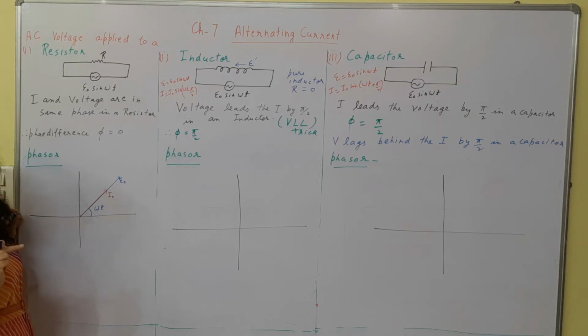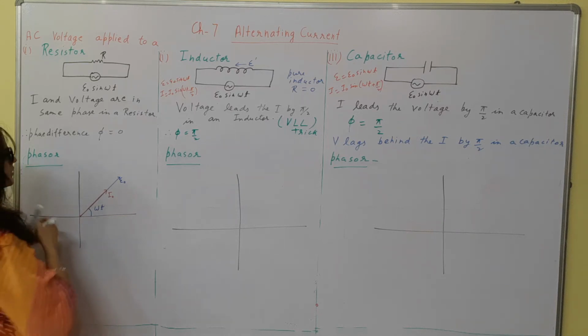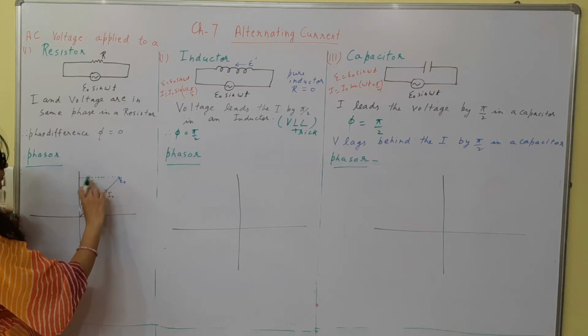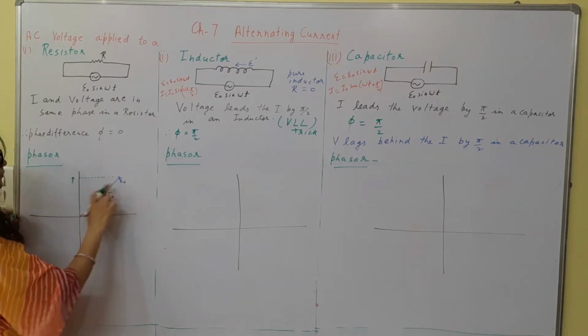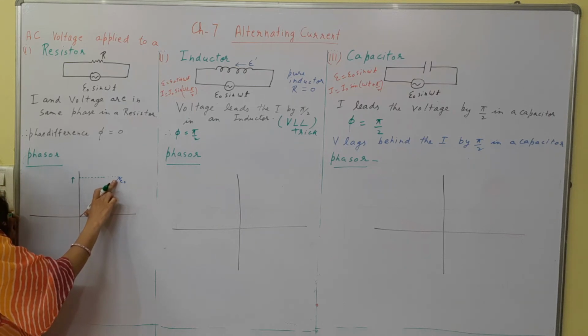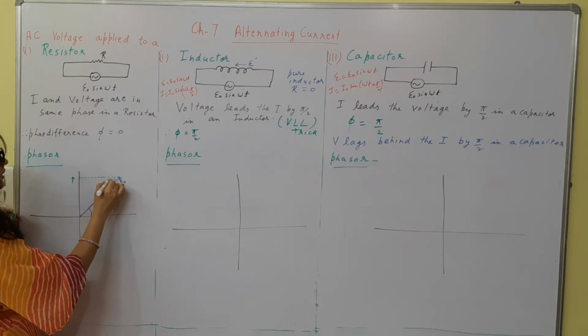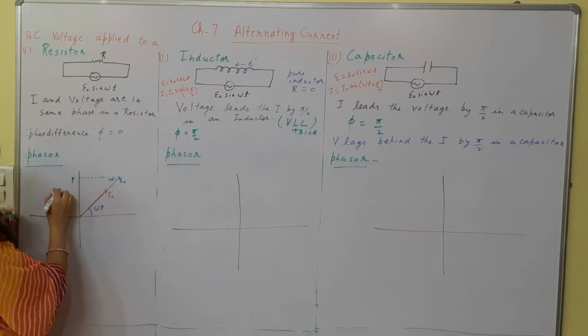Now if I want to know the time varying value of voltage at any time t, we can draw the projection of these phasors. So for projection from this point and this point, we will drop a perpendicular, and this gives you the projection of this E naught, and this by trigonometry is, this is not necessary to be drawn, this is for explanation I am drawing here.